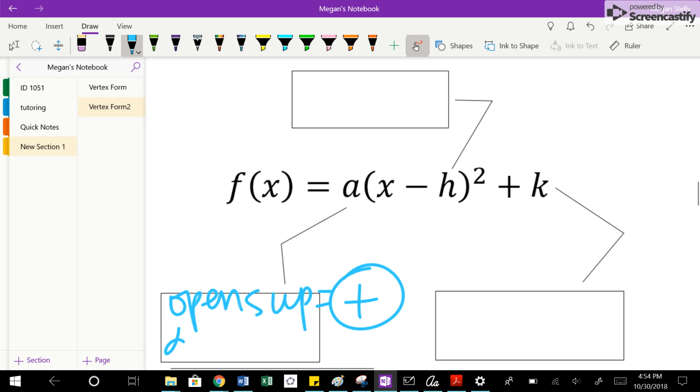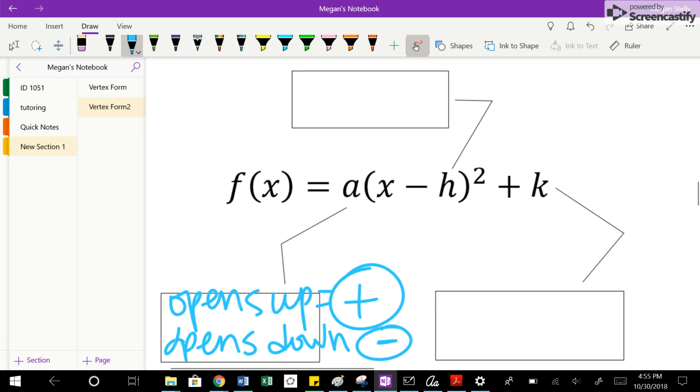If it opens down, that means a is negative. So that's what a tells us. a is always going to be found up front before the parentheses, positive or negative, and that tells you, does it open up or does it open down?